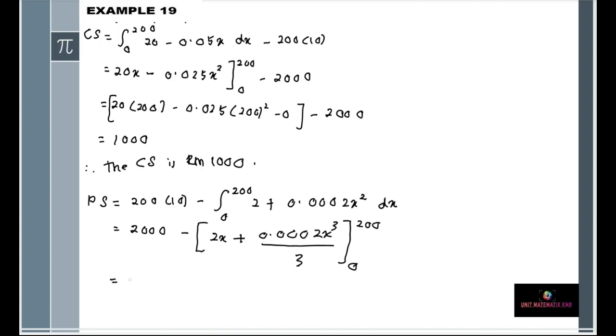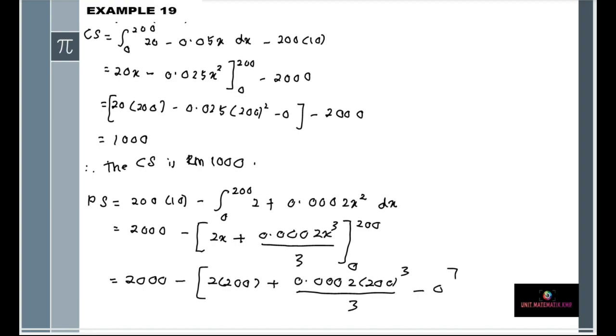So next is 2000 minus 200 plus 0.0002 times 200 cubed over 3, and the last one is minus 0.